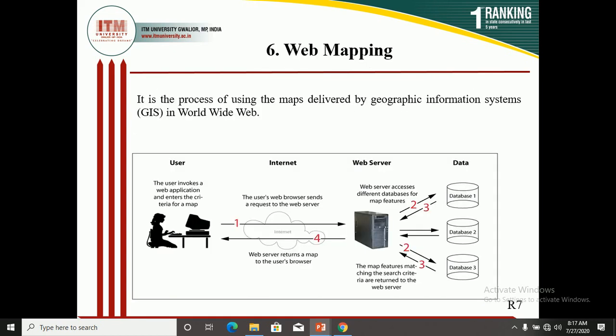Next one is web mapping. It is a technique or process where maps are delivered by a geographical information system on a worldwide map. Now what happens in that? Suppose you have drawn a certain topographical map with the help of GIS technique. Now you feed that map into the net.